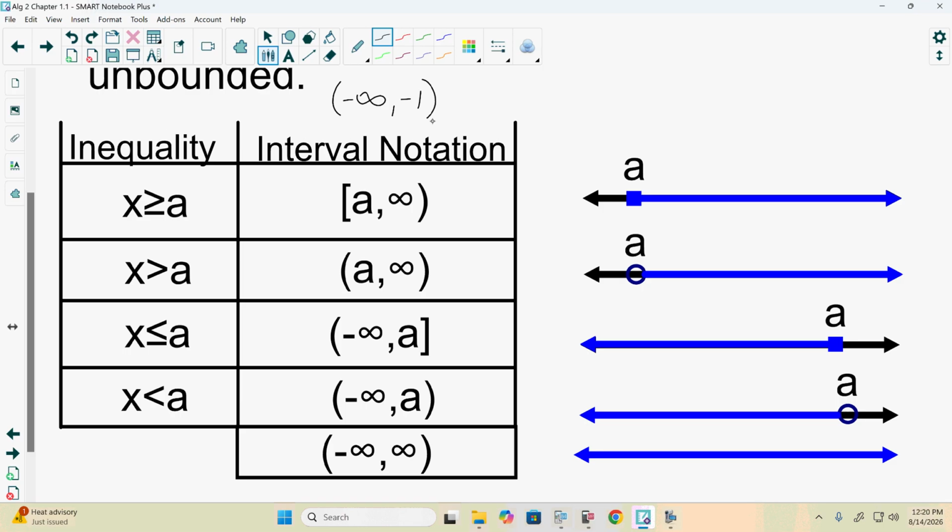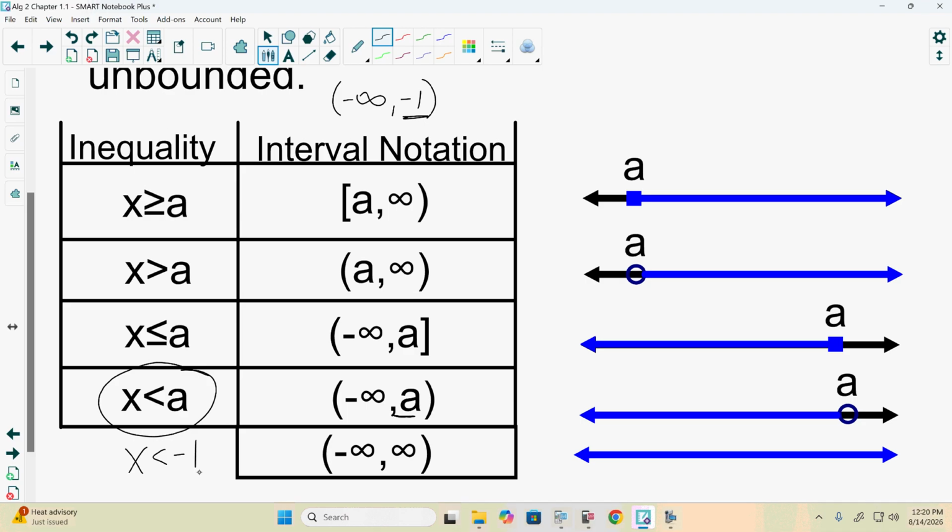The fourth? Because negative infinity, comma, a. It's kind of the same setup, but instead of having a, we have what? Negative 1. So a, in this case, would be negative 1, yes? Which means this would be the same inequality, but instead of putting a, we're going to put negative 1. So x is less than negative 1.